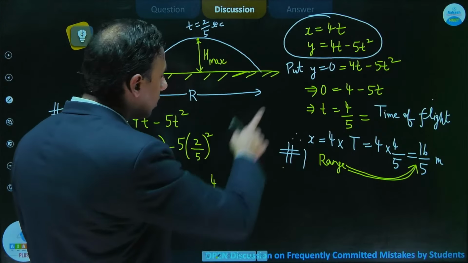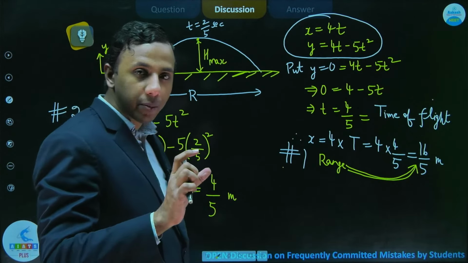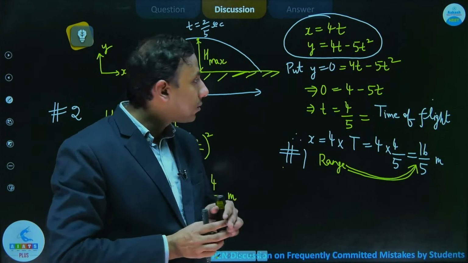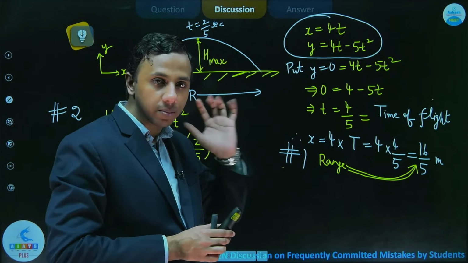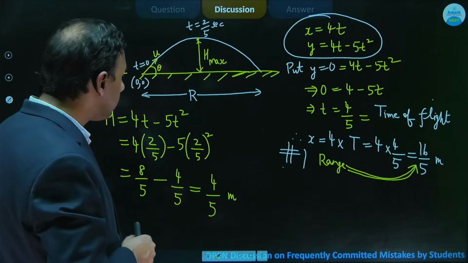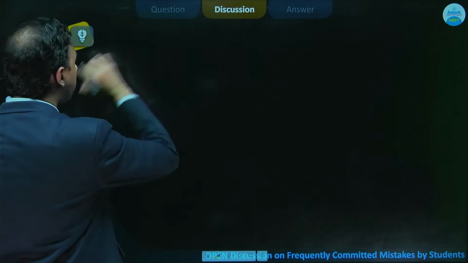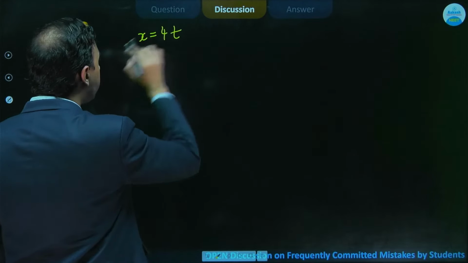See carefully, focus on this x and y. u, remember, is your velocity at t equal to 0. Find the velocity expressions and put t equal to 0. That's it, you will get the answer. So let's see how we will do it. Write the equations of x and y again. So x is equal to 4t, right?